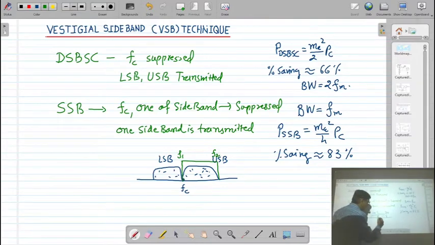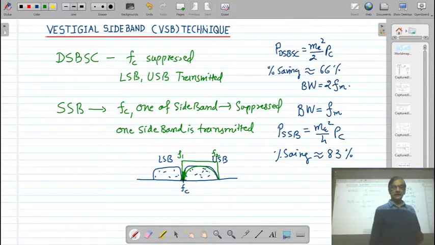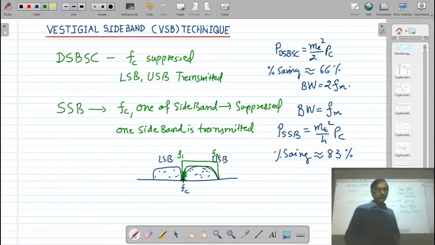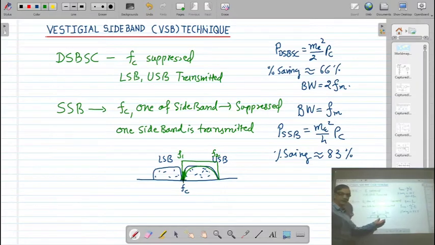Here, if you see the frequency response of a practical filter, then it will be like this. So here, the wanted frequency is also going to be eliminated. So whatever the information in my upper segment is, the frequency which is very low is also going to be eliminated.